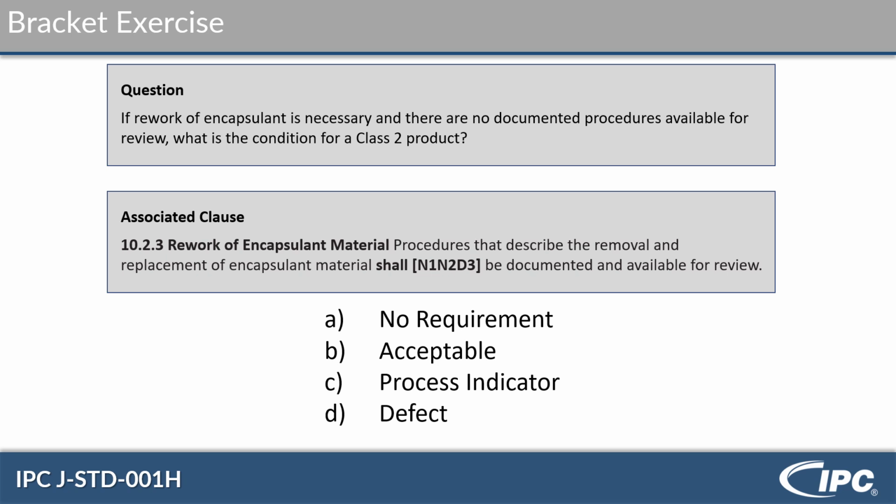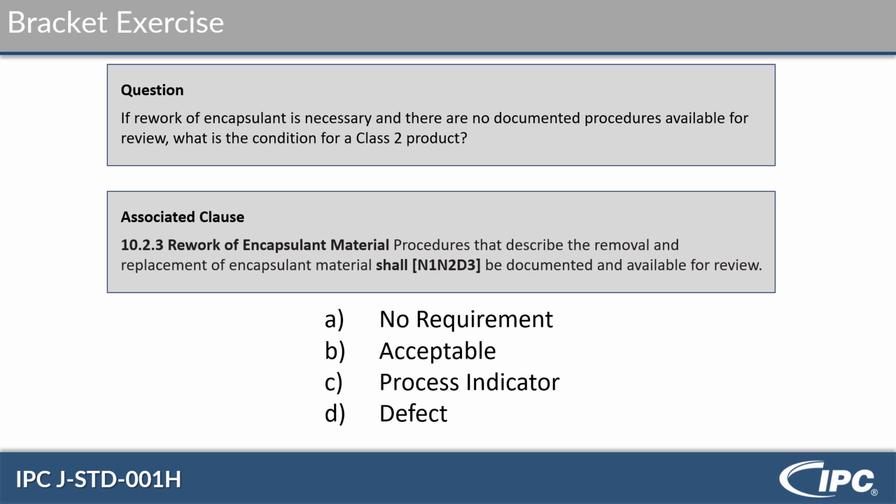For this one, if rework of encapsulant is necessary and there are no documented procedures available for review, what is the condition for class 2? Here is the associated clause: procedures that describe the removal and replacement of encapsulant material shall be documented and available for review. But it's not, so this does not match, so we look in the brackets.